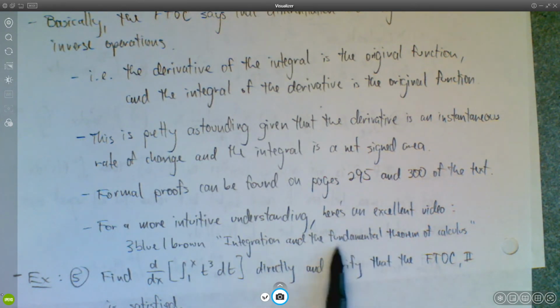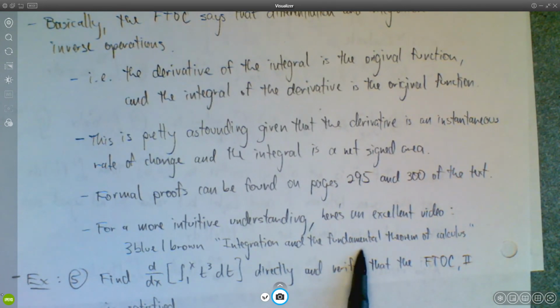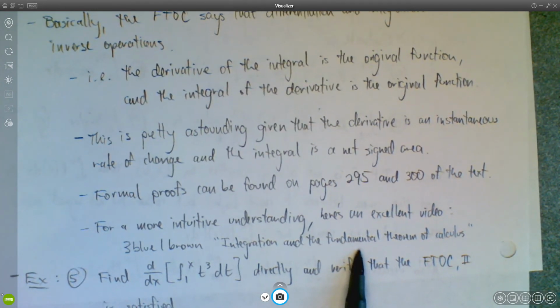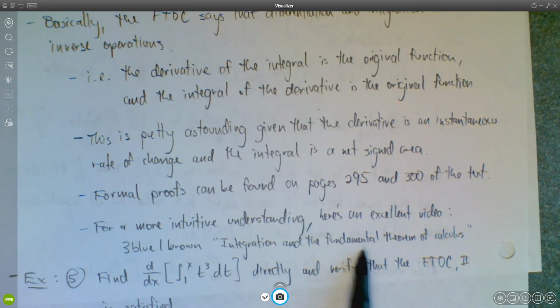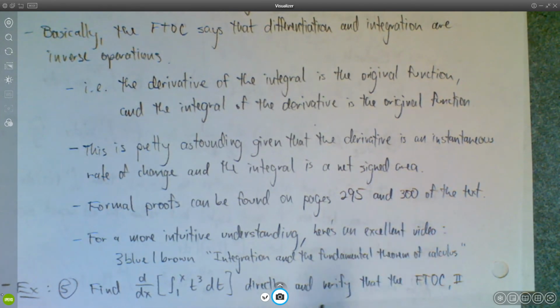In fact, I'm going to put the video in this lecture, so I'll put the link together where I put the lecture in Canvas. But it's really a good video, and I think it would be possibly more instructive than looking at the formal proofs.